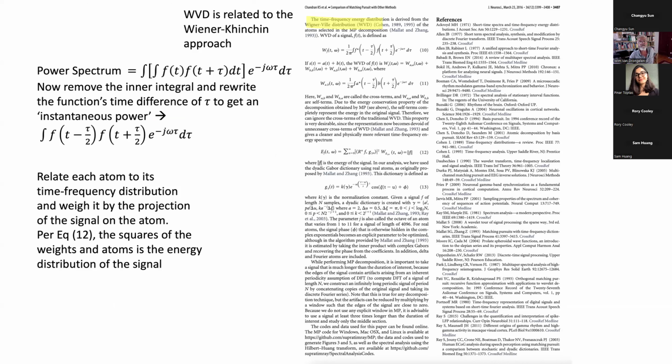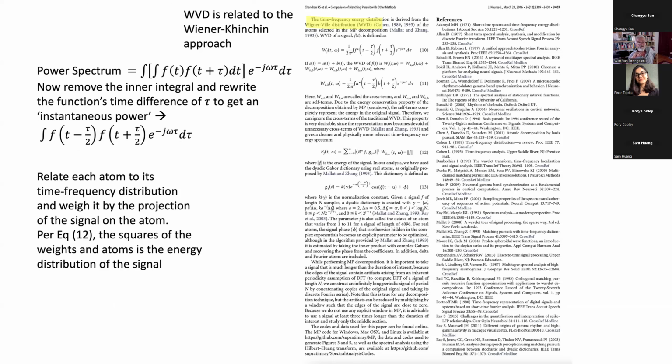But it is related to the Wiener-Khinchin approach, because recall that this was the Wiener-Khinchin. If you now remove that integral and you change the time difference between t minus tau half and t plus tau half, then you get an instantaneous power type of expression.